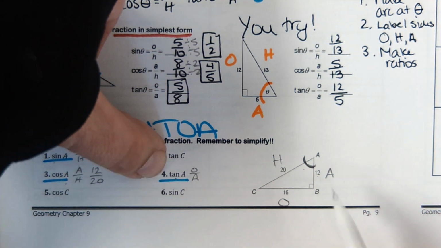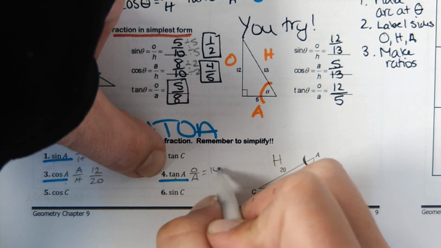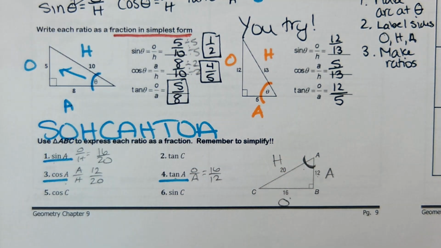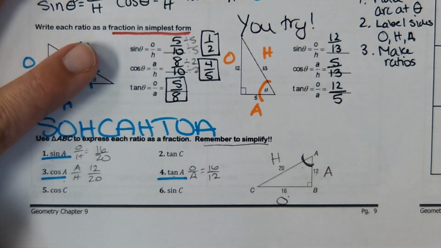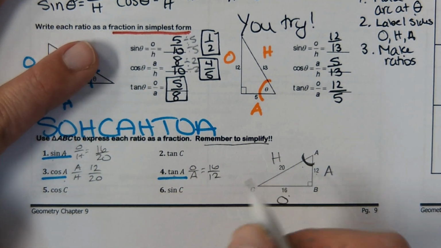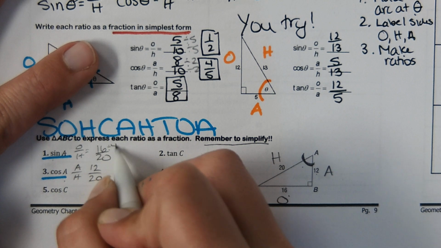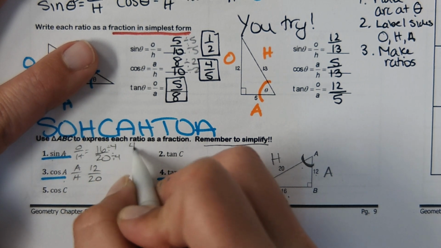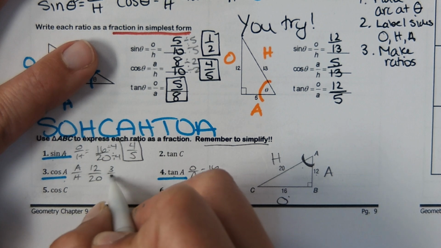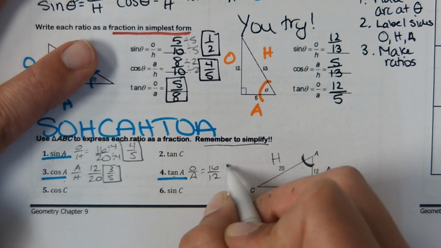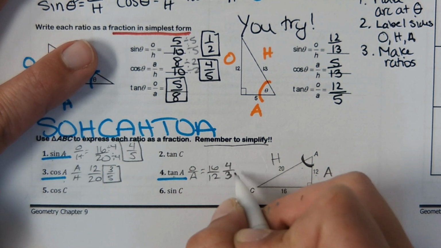And tangent, O over A, 16 over 12. It says remember to simplify. So once I have the ratios, like these are right, but to simplify, I'm just going to divide by 4, and I get 4 over 5. Divide by 4, I get 3 over 5, and 4 over 3.